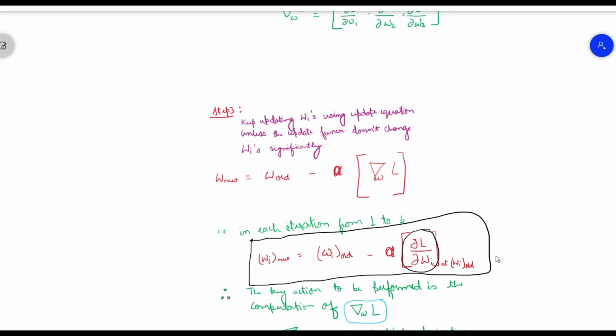And this is how the optimal weight w is learned in the single neuron model using linear regression.